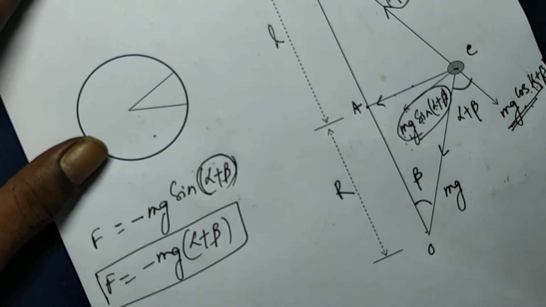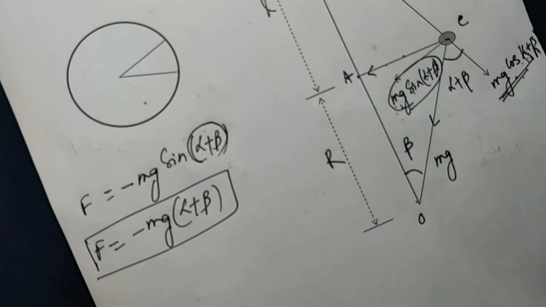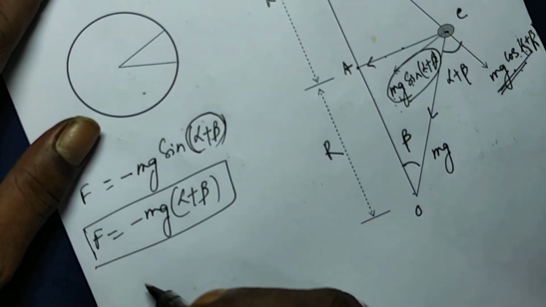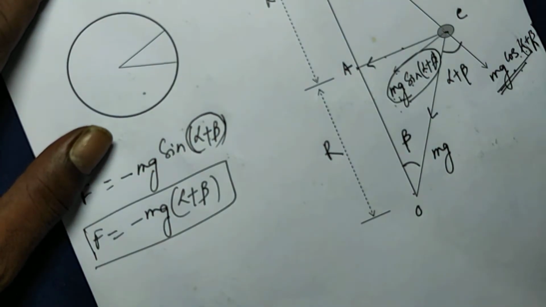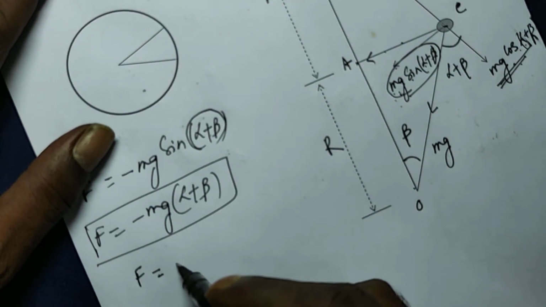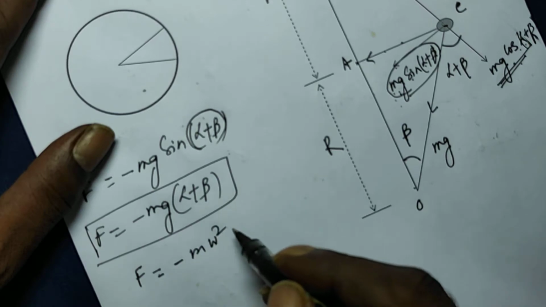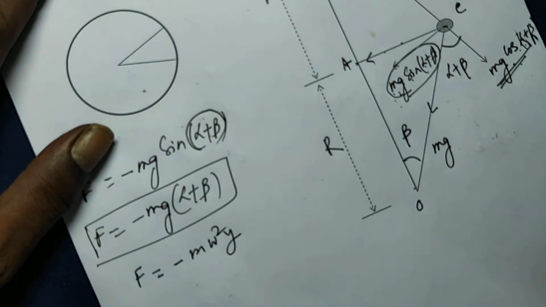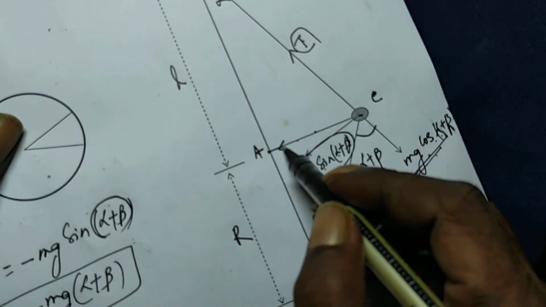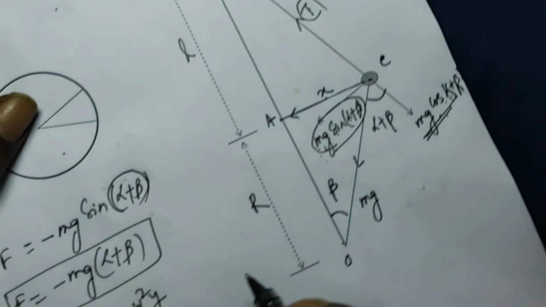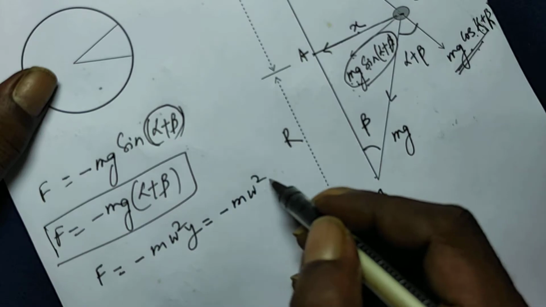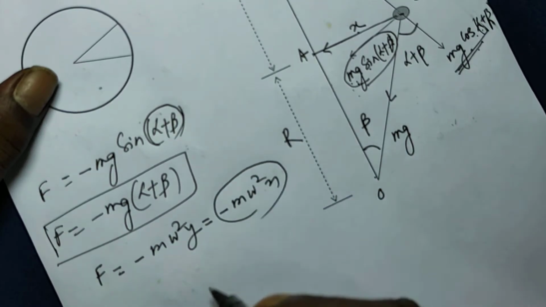Right. Now the question is, while deriving the time period of an SHM, the restoring force we had derived, F is equal to minus m omega square y. Let this displacement be x. So for y, I write x: minus m omega square x.